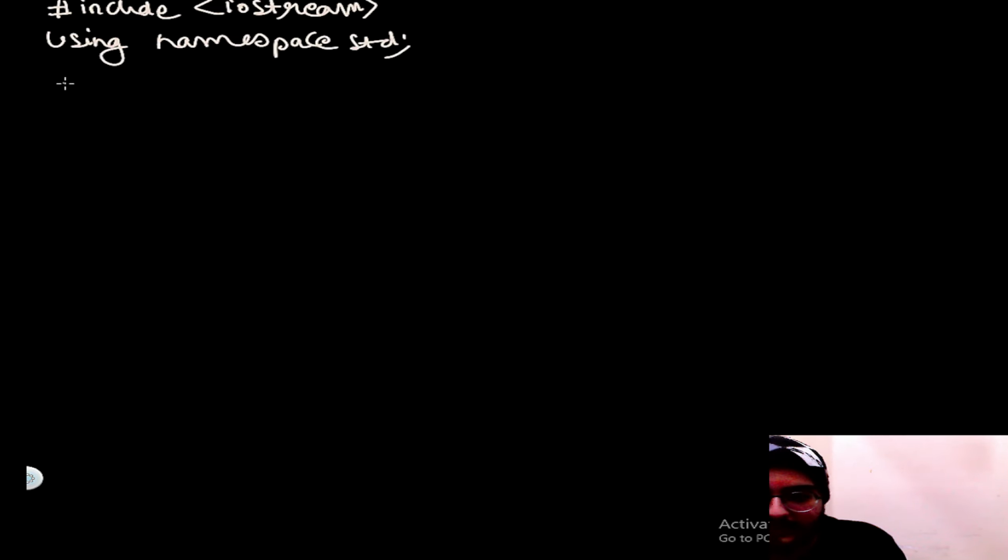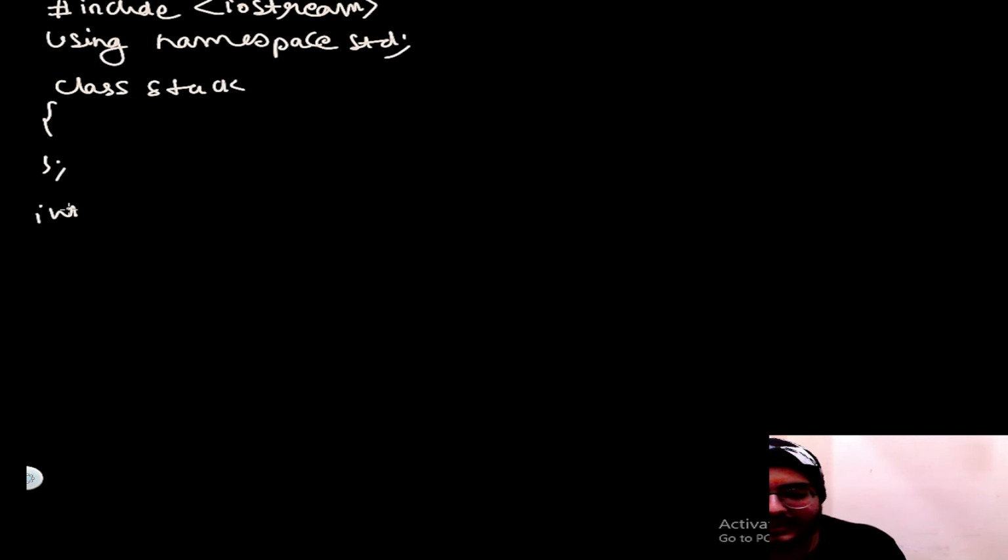So now our class is made. Let us just understand what we did. We did hash include iostream, then we said using namespace std. Then we made a class which was named stack, with some stack functions.